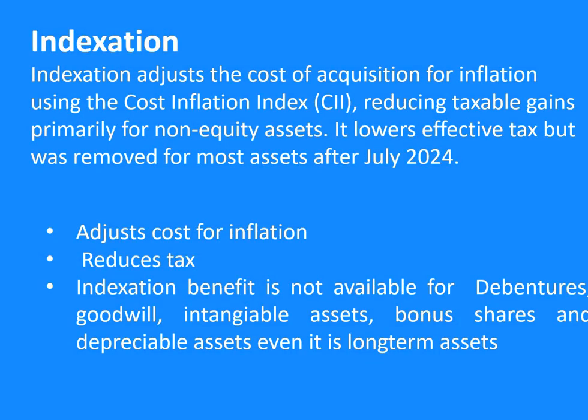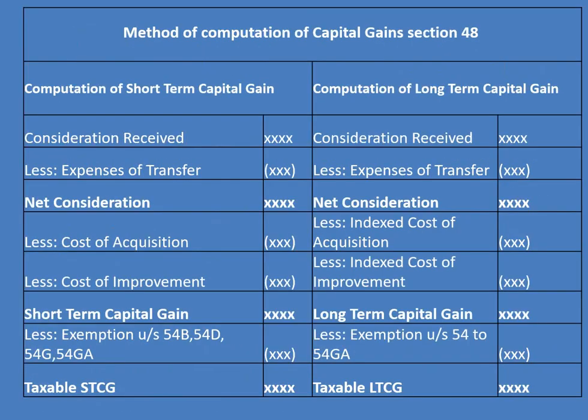Now we shall discuss one more important thing. Here I told you cost of improvement. In the case of long-term capital gain, we can see a new term, that is indexed cost of acquisition and indexed cost of improvement. So now we should know what is indexation.